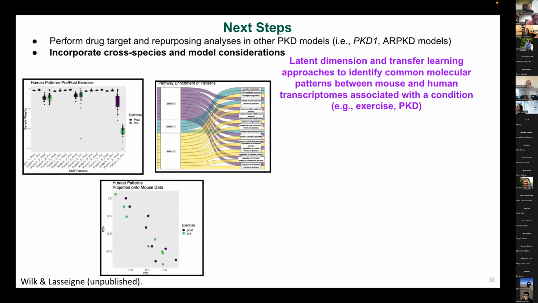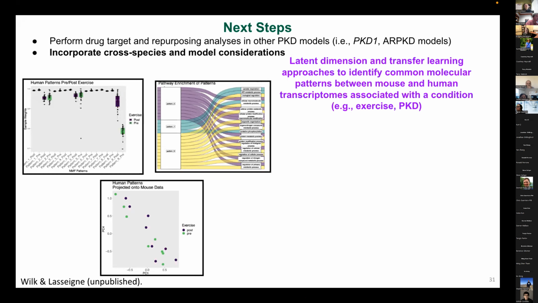And here in the top right box, you're looking at this figure that shows you what those patterns are. So what is the gene expression analysis? If we look at the genes, what do the GO terms look like? And we find that these patterns capture biological processes we'd expect to see associated with exercise.